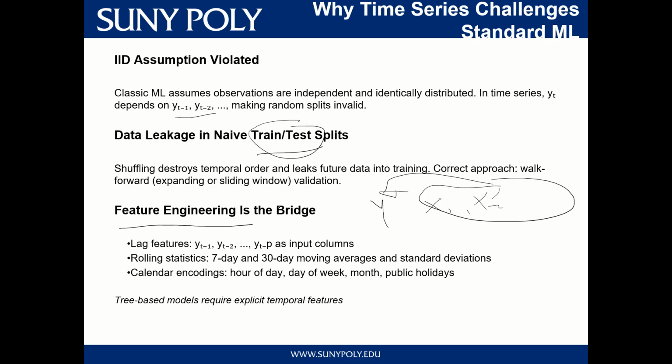Now, in this feature engineering step, there are different ideas. We can create features, some statistics like moving average. We can use information about the calendar, some categorical variables such as the day of the week, or whether this is a holiday or not. That information can help you to make the prediction.